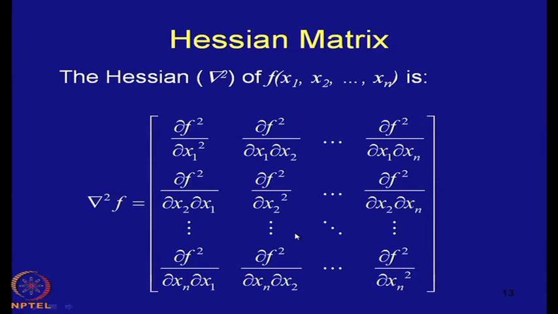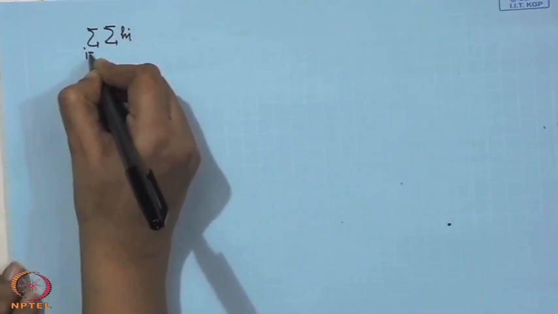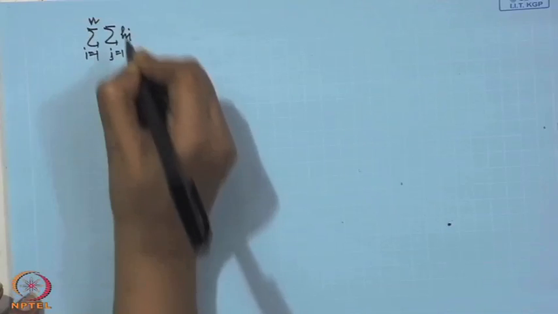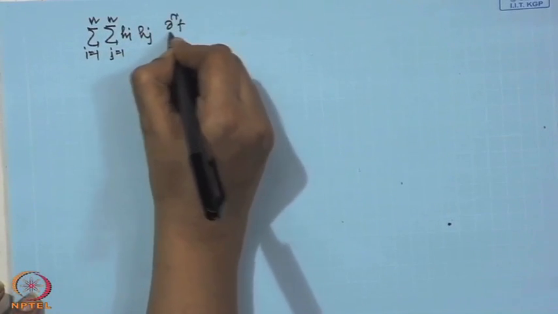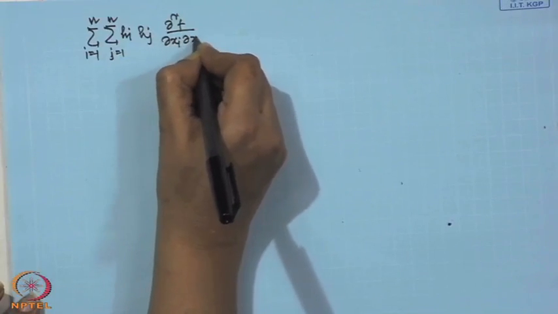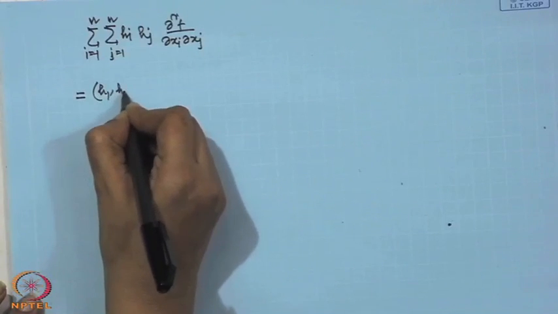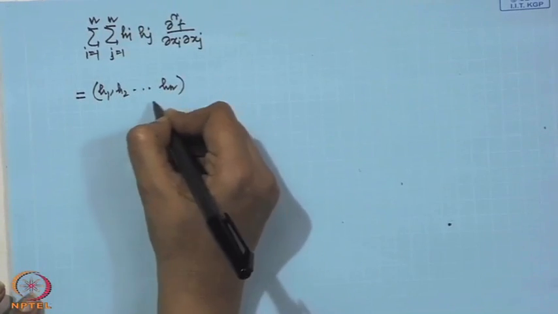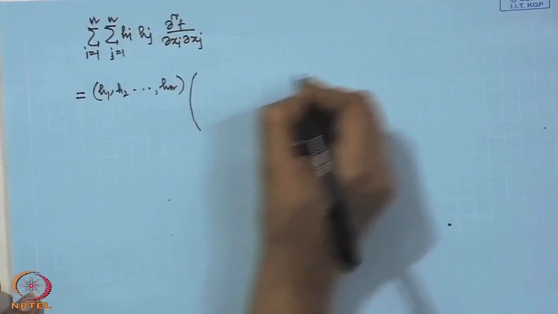If I write this down in detail, we can write down the expression. Just see this expression: we had the summation, i running from 1 to n, j running from 1 to n, h_i h_j del 2 f by del x_i del x_j. This can be written as h1, h2, ..., hn, the transpose of the column vector, and in between we have the Hessian matrix.